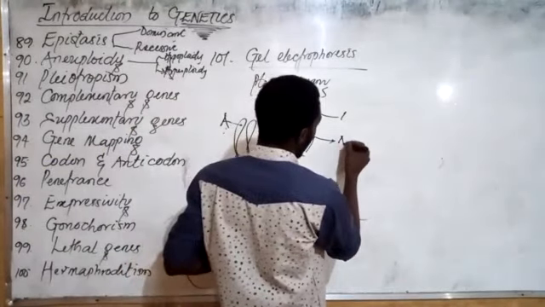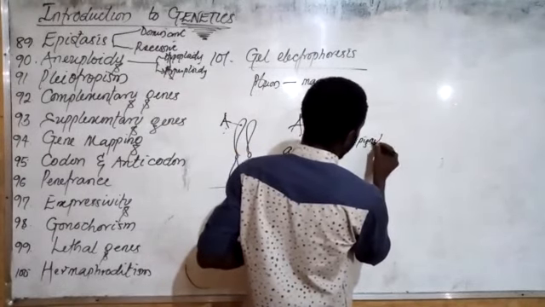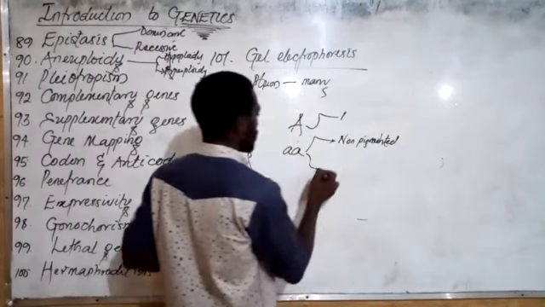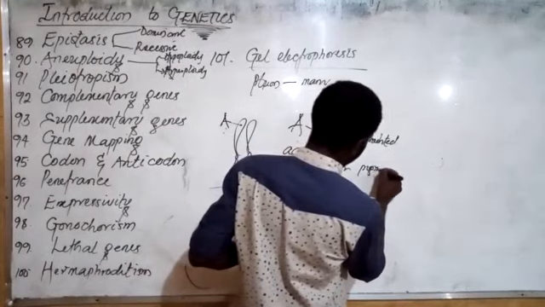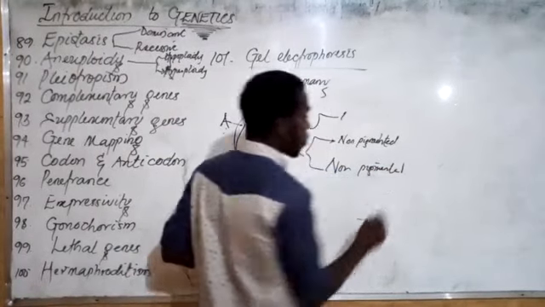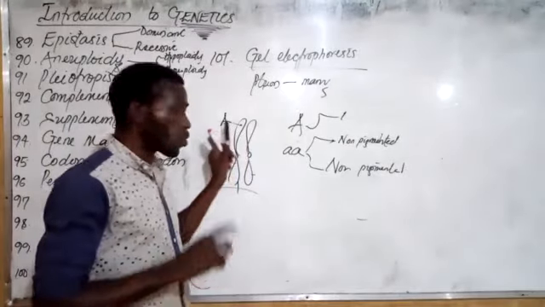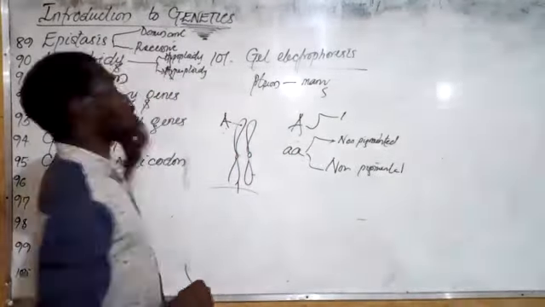It's going to have no pigment on the retina, on the eye, non-pigmented eye. Then of course non-pigmented skin too. So you see, one particular gene at one locus has multiple effects. So that is what pleiotropism is.